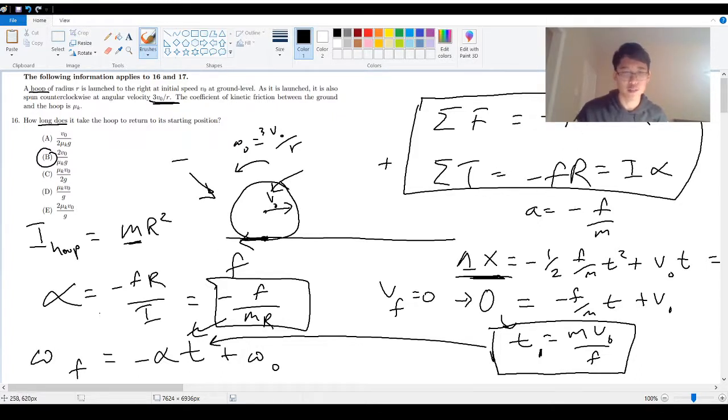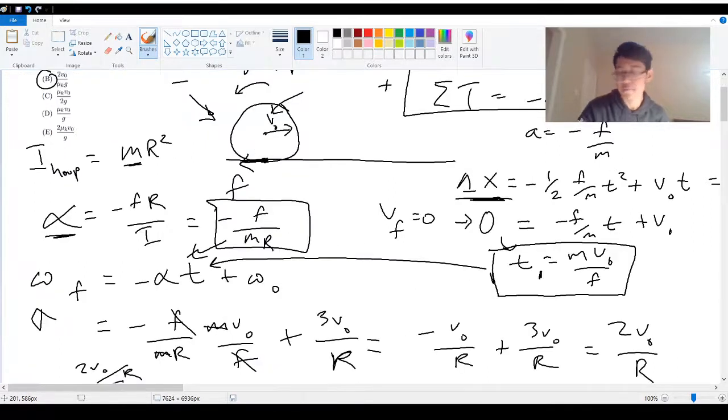The only difference is that in the place where we have angular acceleration, we will have 1/2 mr squared in the bottom, and then when you simplify it down, the 1/2 moves to the numerator, so then it will be 2 times the force.